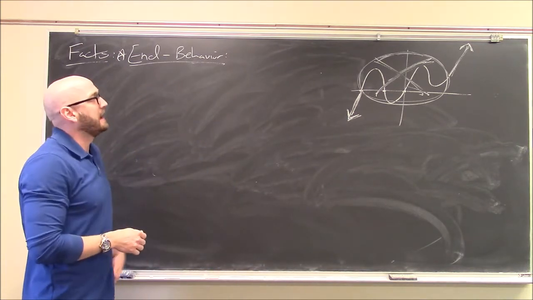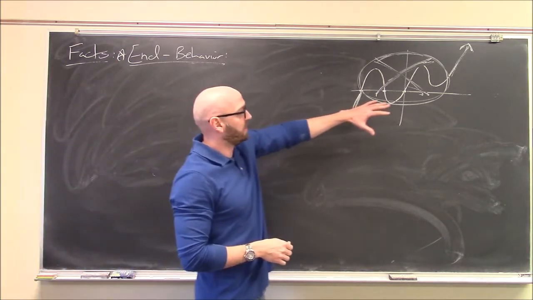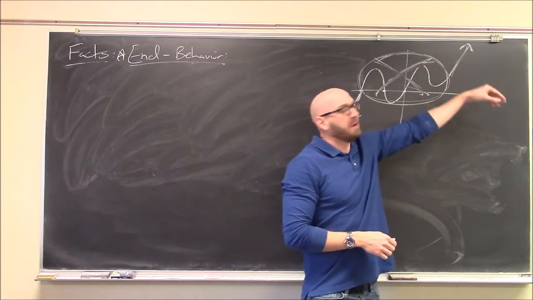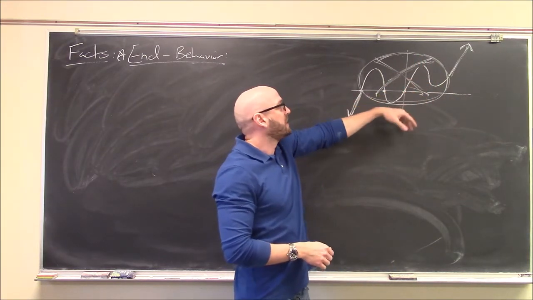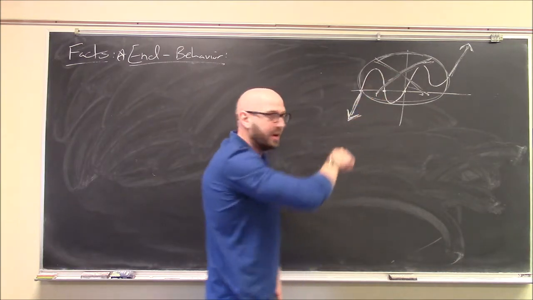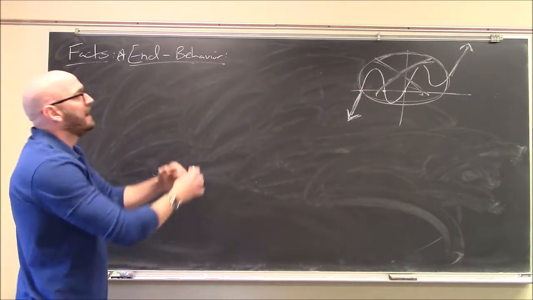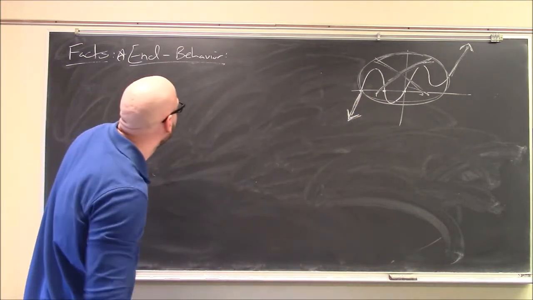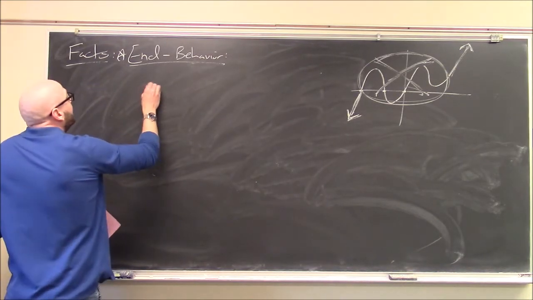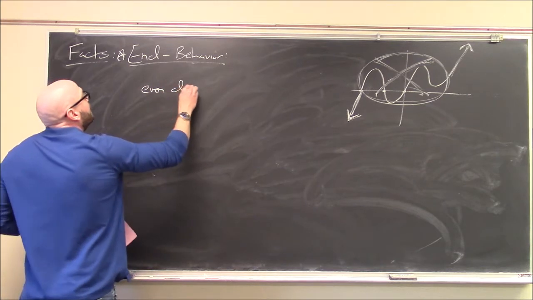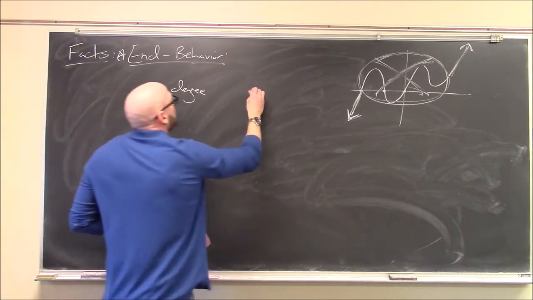So when I'm talking about the end behavior of a polynomial, I'm asking what happens for very large values of x. All this stuff near the origin for small values of x, I don't care about it. Yes, it goes up and down, but what happens at the ends of the graph? Let me tell you. We've got 4 different cases here: even degree and odd degree.